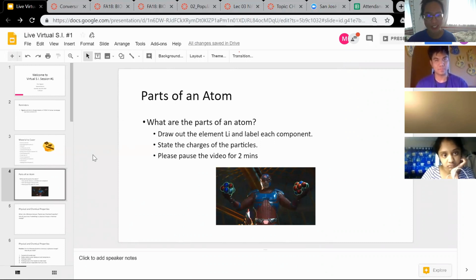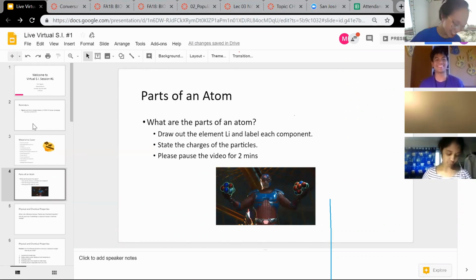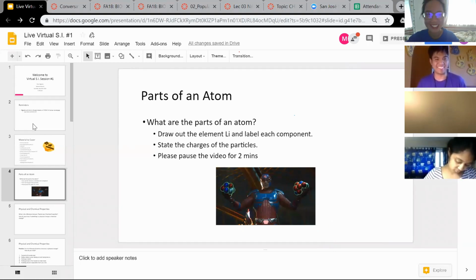What are some strategies that you guys have to solve the problem? Michael? This is our first real session, so we're a little iffy on it. But for how I would solve this problem, I would go to my periodic table and look for the element lithium, and then look for its atomic number.